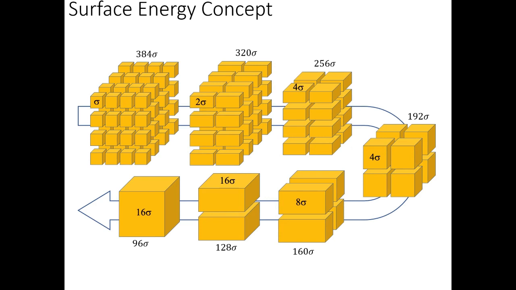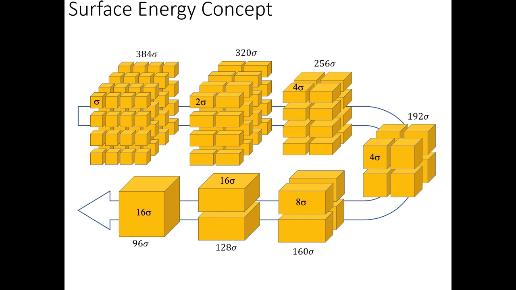So there should be a total of 384, whatever sigma is, some basic energy unit, right? If I merge them into these little rectangular solids, it goes to 320. If I merge into a cube, it looks like 256. I'm merging, not breaking up. Every time you merge, what happens?